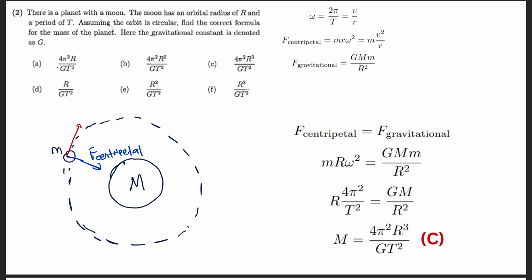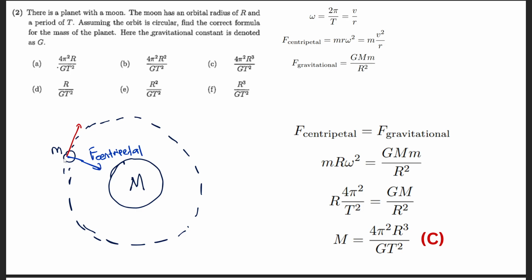So we can write that there is a planet and there is a moon. Let's say the big planet is big M, and the mass of the moon is small m. And when the small moon rotates around the planet, we know that there is a centripetal force.